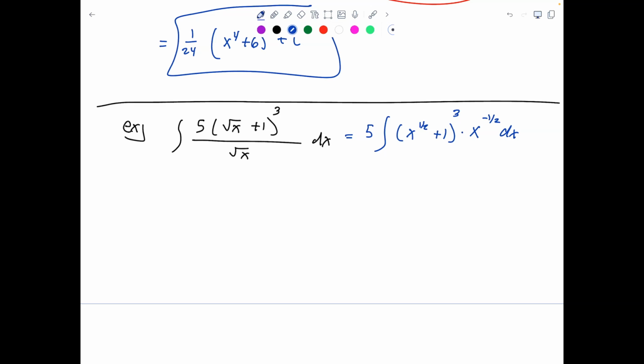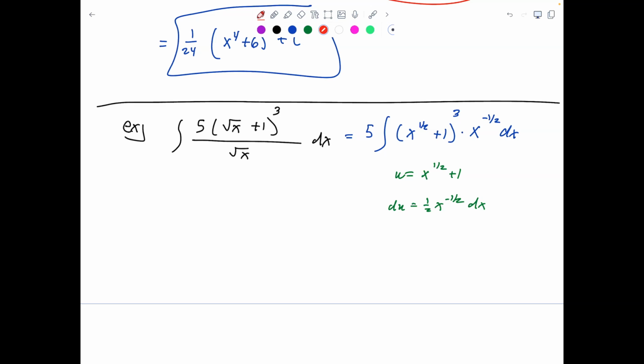And so now we just do our same thing. u is equal to what's trapped? What's trapped? x to the 1/2 plus 1. So du would be 1/2 x to the negative 1/2 dx. Therefore, multiply the constant out.